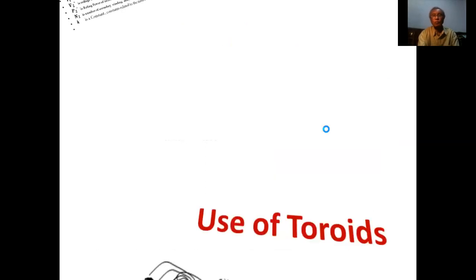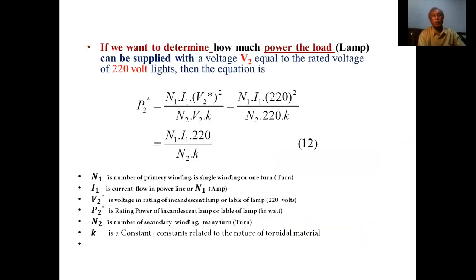Next, if we want to determine how much power the load or lamp can be supplied with voltage V2 equal to the rated voltage of 220 volts, then the equation is in equation 12, where P2* is the power capacity of the load or the lamp, and V2* is the voltage capacity of the load.